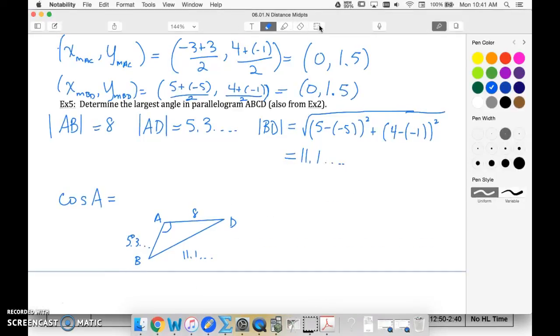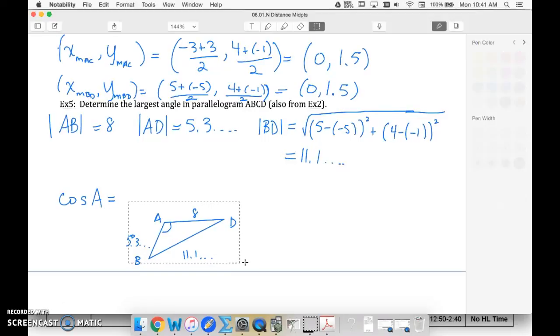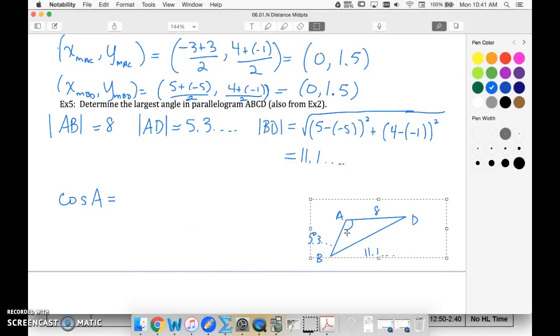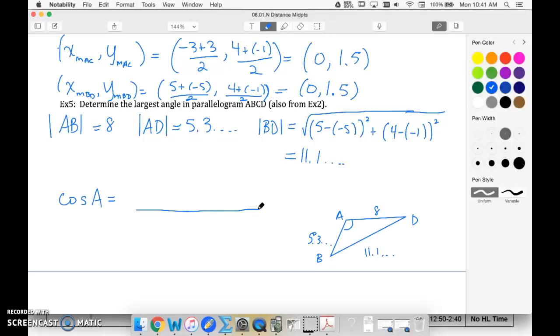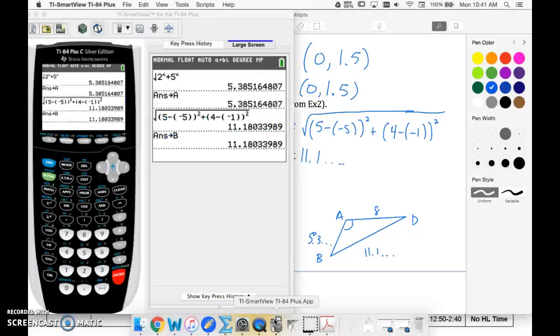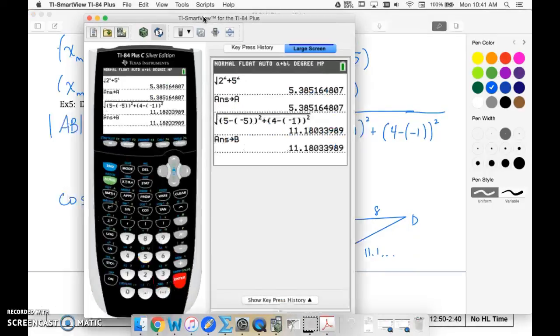So I've got, let's pull this over here. Okay, I'm making my fraction, and I end up with 8 squared plus 5.3 squared minus 11.1 squared over 2 times 8 times the 5.3. Let's put that whole thing in my calculator using my letters.